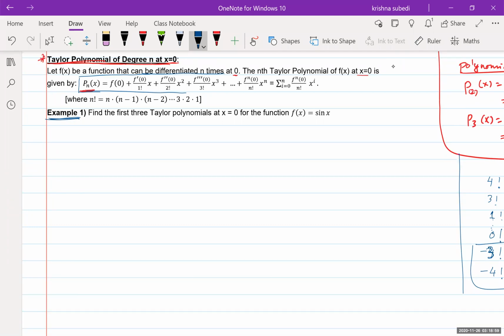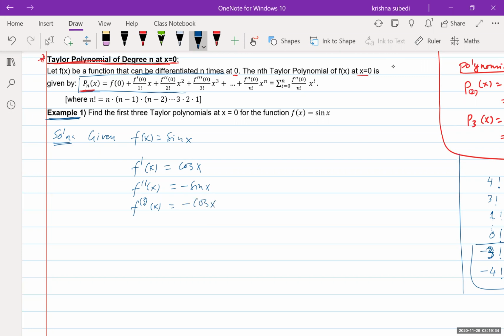So first of all, let me just copy that. Given our function f of x is sine x, we need to find the derivative of this function. f prime of x is cosine x, then minus sine x, then minus cos x.